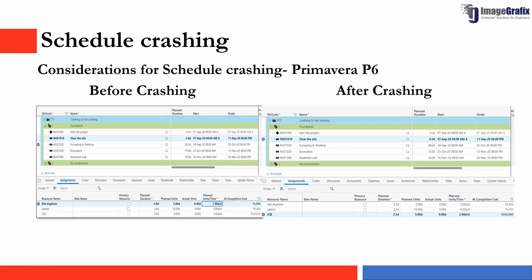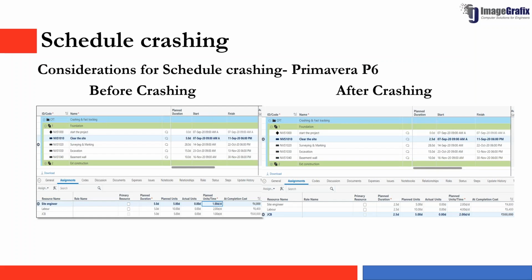When we apply crashing, we can see from the after crashing screen that we are changing, as per the duration type concept I explained earlier, the planned units per time of the particular resources. The planned units per time of the site engineer, labor, and JCB are doubled, increased to 2, 4, and 2, so that the duration of the activity is reduced.